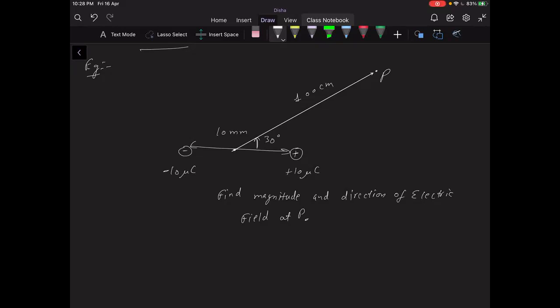Yes, sir. I got the magnitude as 1.62 into 10 power 8. Let's check. What's your answer? 1.62 into 10 power 8.